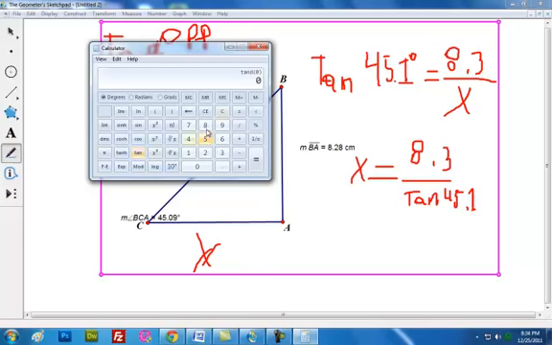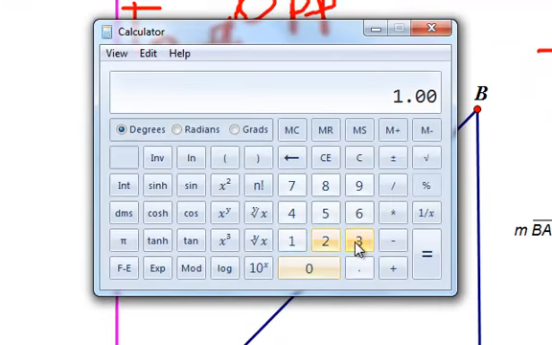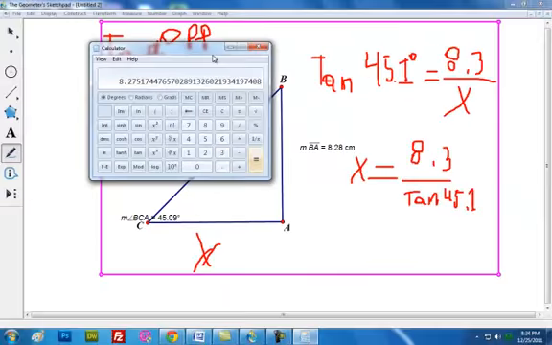So I'll do tan 45.1 first. So we got about 1.003. Then 8.3 divided by 1.003, and we get 8.27.